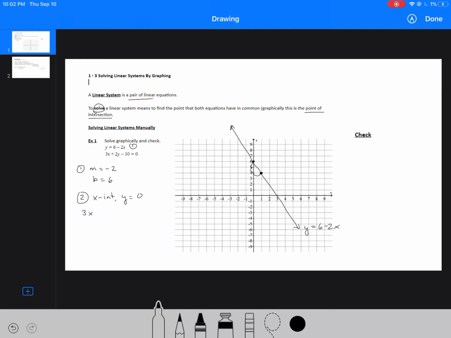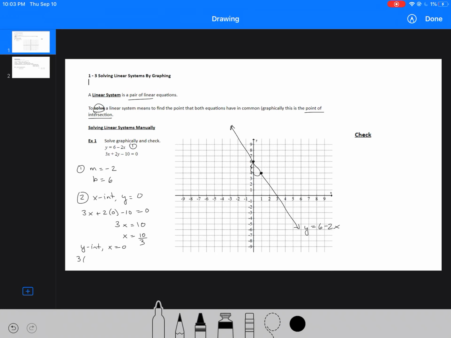So I'm going to first sub in y equals 0. That's going to give me 3x equals 10. Disappointing that it's not a great number. And then I'm going to find my y-intercept by setting x equal to 0.